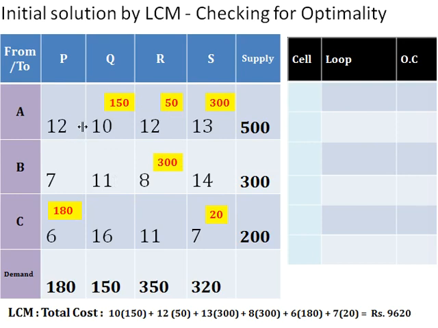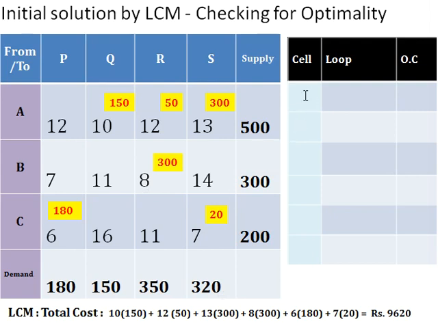For that, first we will write down all the unoccupied cells available here, prepare a loop for all, and find the opportunity cost for each unoccupied cell. For the cell with the highest opportunity cost, we are going to make a further allocation, so we'll modify the allocation accordingly.